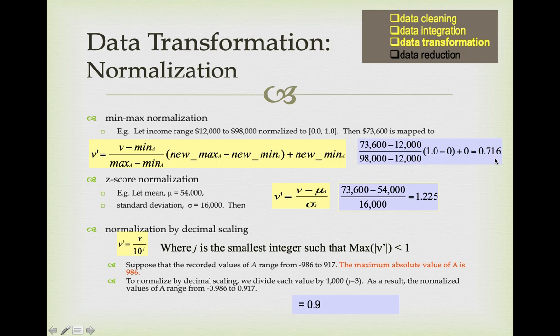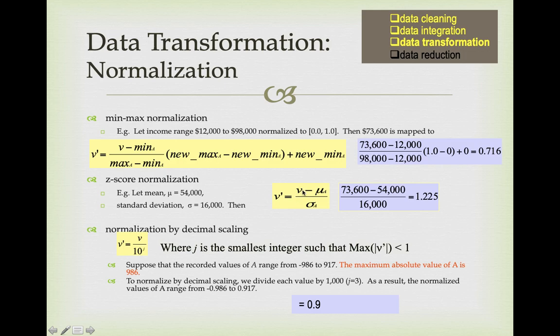Okay, for z-score normalization, as you can see, the mean u equals 54,000. Okay, the standard deviation is 16,000. Then we use v.